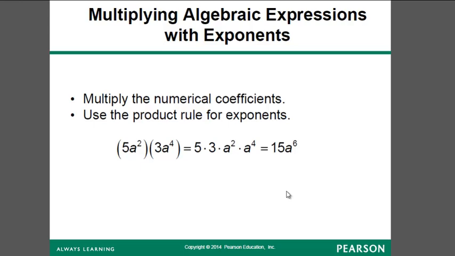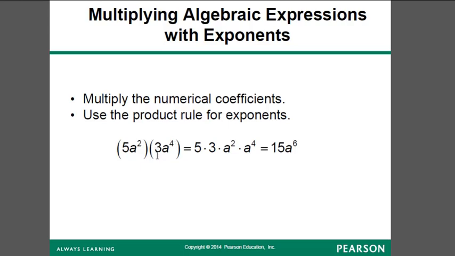And I want to look at the rule for multiplying algebraic expressions with exponents. We multiply the numeric coefficients, the numbers out front, and then we use the product rule for exponents. So if you notice here, we have 5a squared times 3a to the 4th.